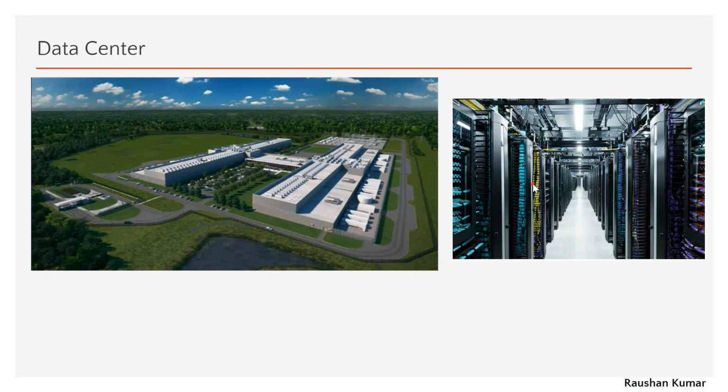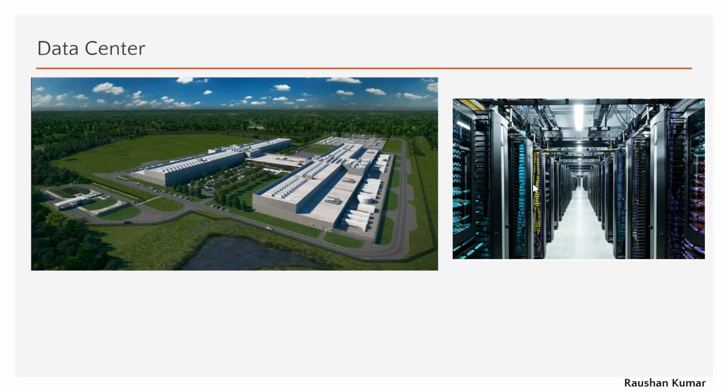Okay, guys, perfect. So now we're going to talk about the cloud service providers. We have three major cloud service providers: AWS from Amazon, Azure from Microsoft, and GCP, Google Cloud Platform, from Google. These are the primary three we have.